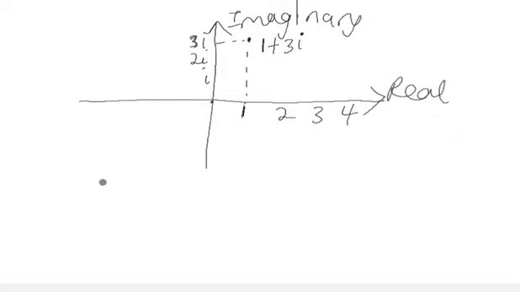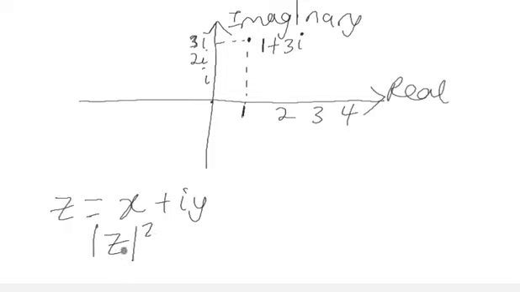Now, if you want to write the absolute value of a complex number, we have a complex number in this form, a plus ib, and we can write it as x plus iy. If you are to give the absolute value of z, we square both sides, giving x plus iy all squared.